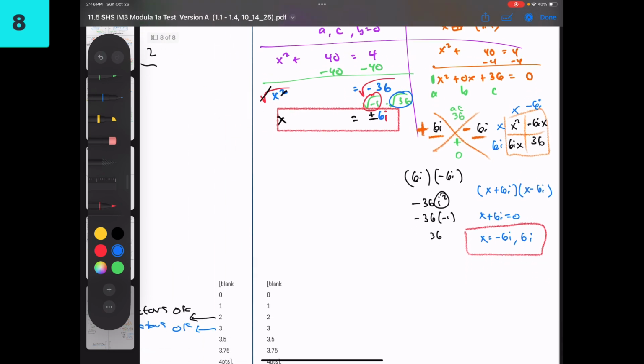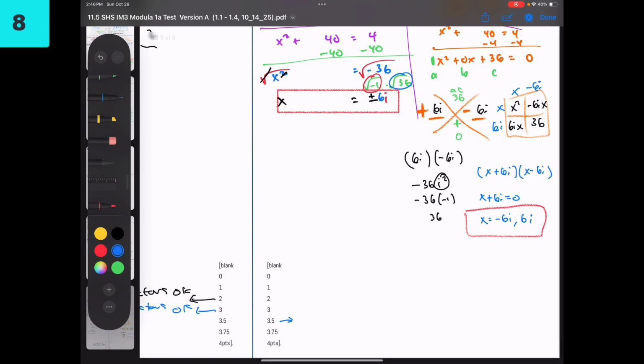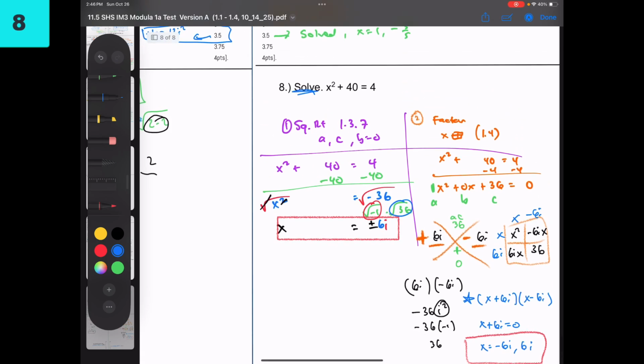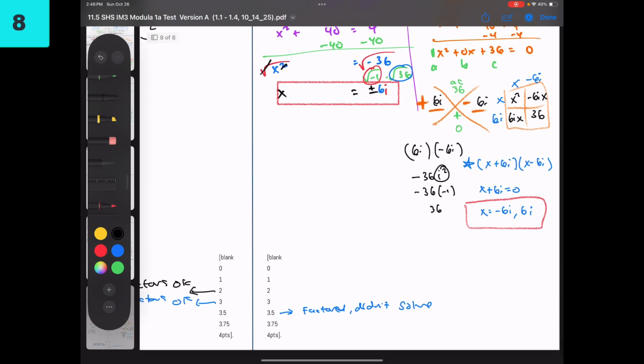Okay, 3.5 points if you factored right here in blue with the star, didn't solve, because up here it tells you to solve. 3.75 if you forgot the plus or minus.